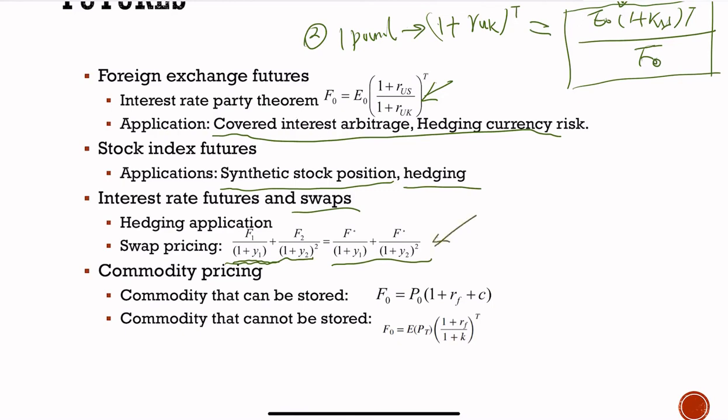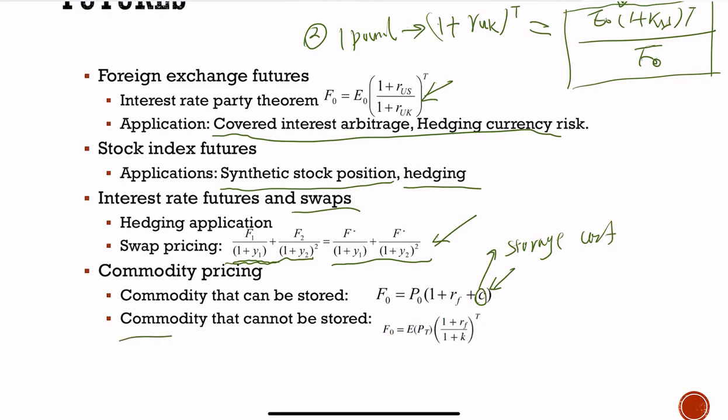And last, we talk about commodity pricing. There are basically two cases here. The first case is pretty simple. It's the commodity which can be stored. In this case, we just use this spot futures parity theorem. The only caveat here is this C has storage cost.